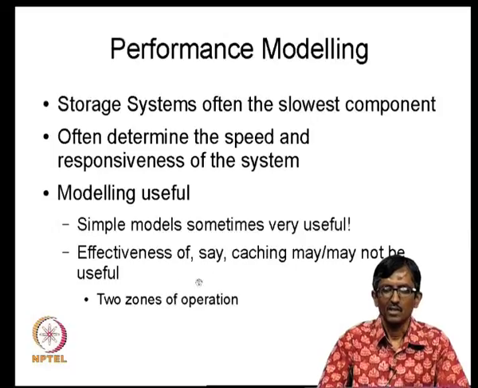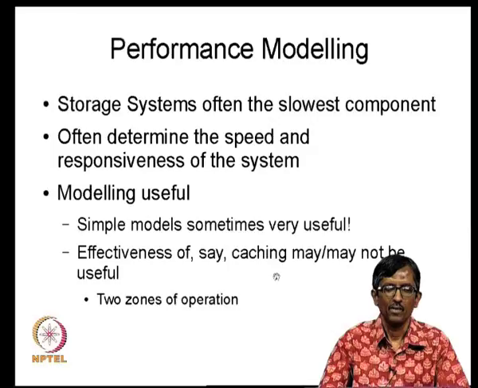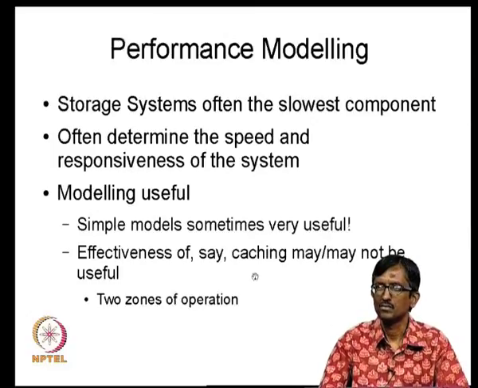Oftentimes, because of the slowness of the system, you use caching. Caching, buffering, all these things are widely used in storage systems, and sometimes it so turns out that either because of a bug in the system, the caching might have to be disabled, or because of the workload, the caching does not work very well.